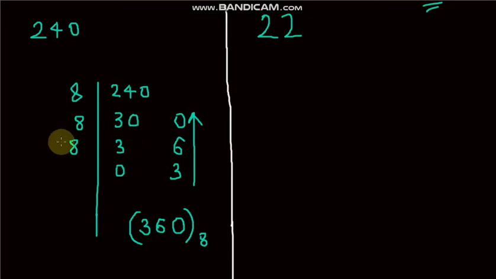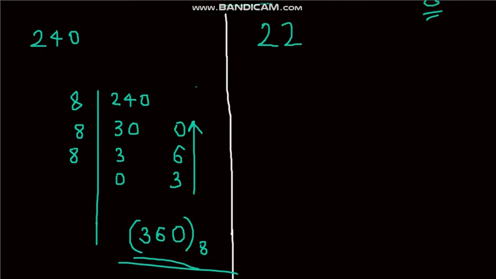Then 30 divided by 8 gives the quotient 3 and the remainder 6. And 3 divided by 8 gives the quotient 0 and the remainder 3. We write from downward to upward, and hence we get the final number 360, which is in octal. Now let's take another example.